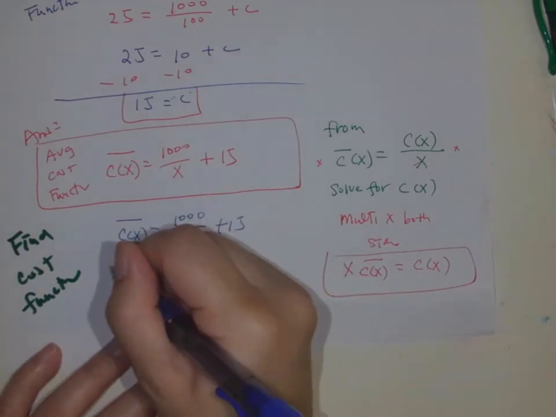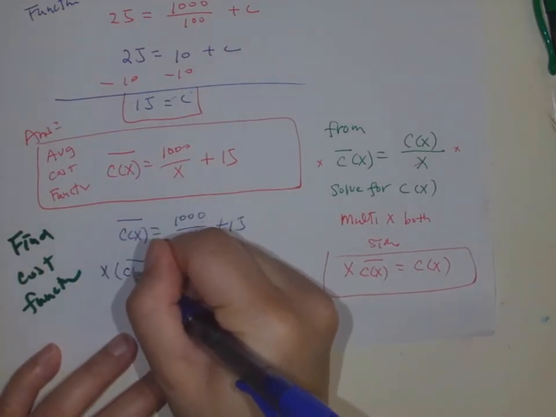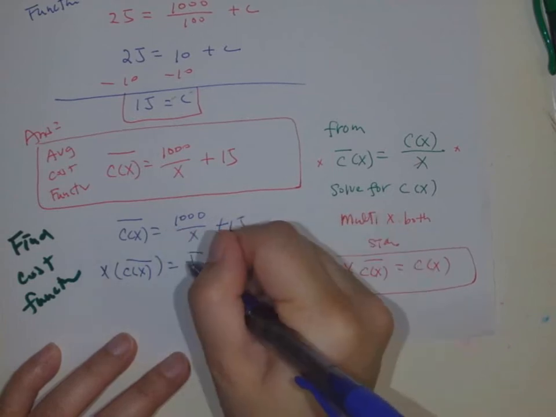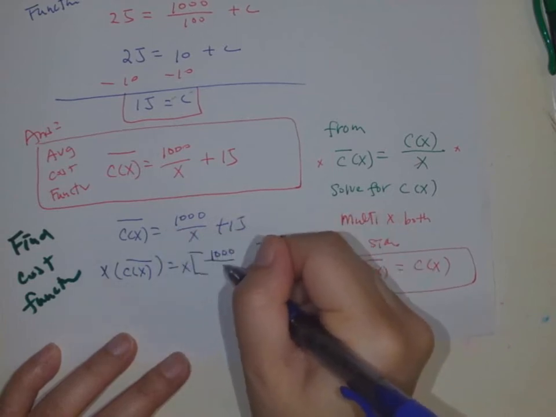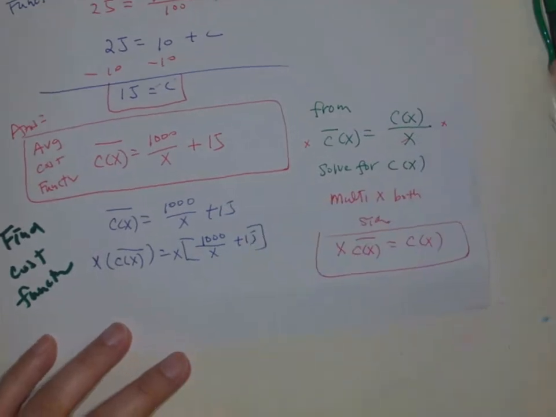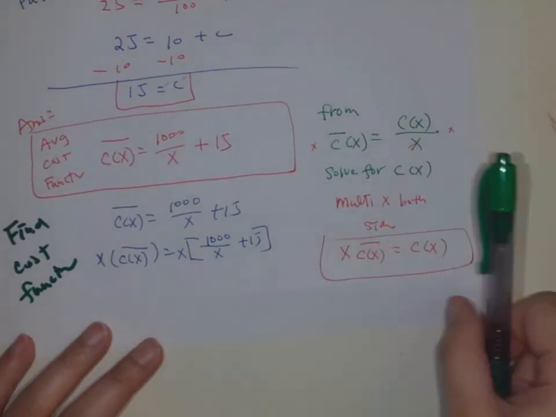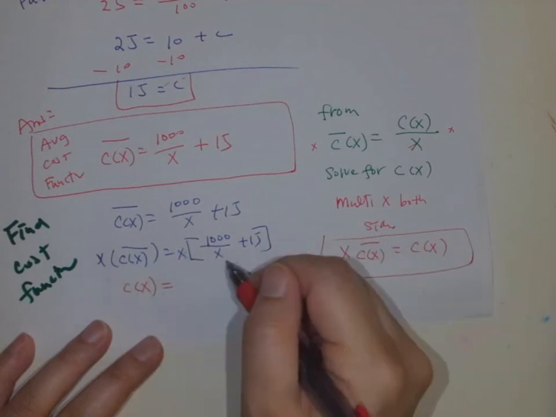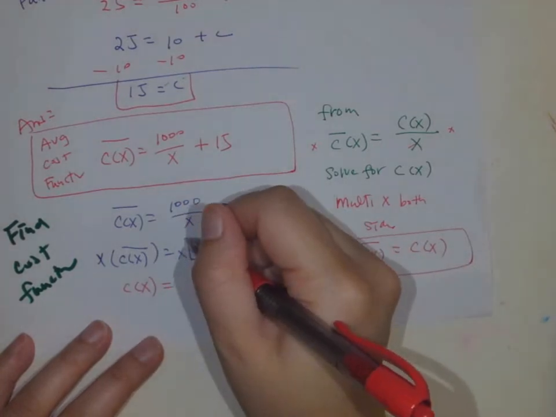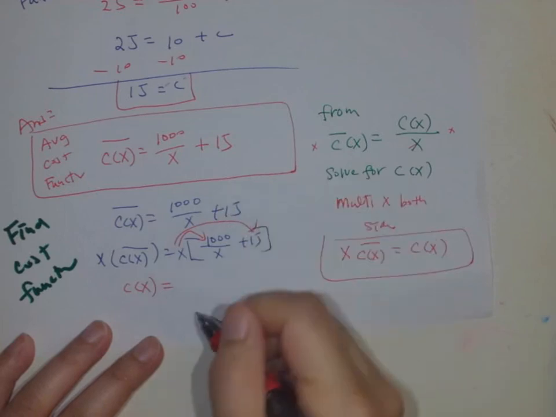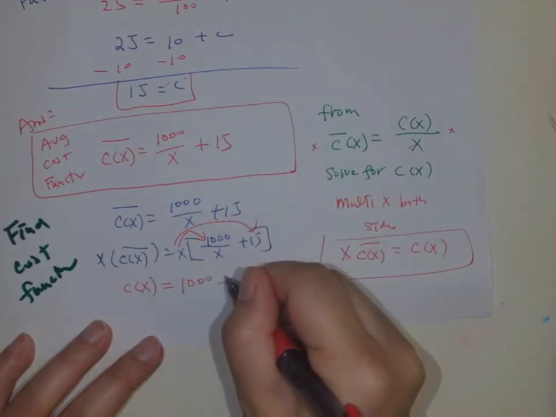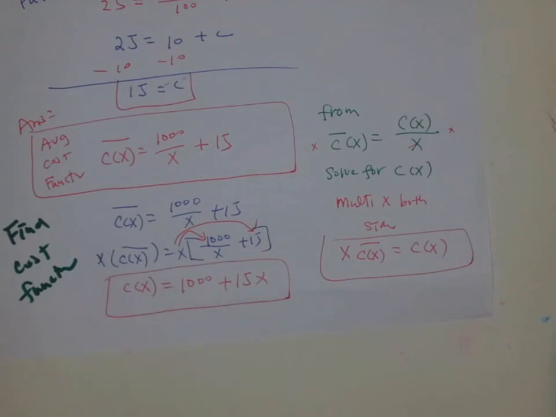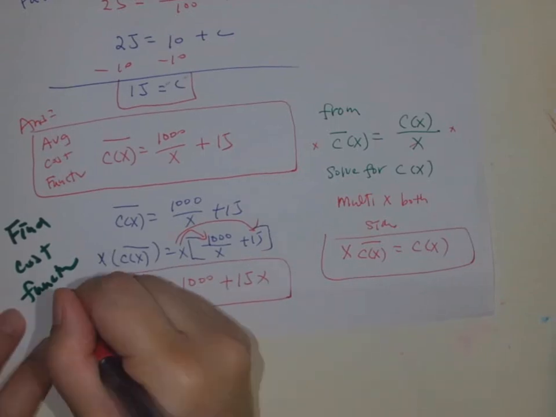So x times bar c of x will equal x times 1,000 over x plus 15. This will turn into the cost function, and on the right, x needs to multiply both terms, right? The first term is just 1,000, the second term is 15x. So that would be my cost function.